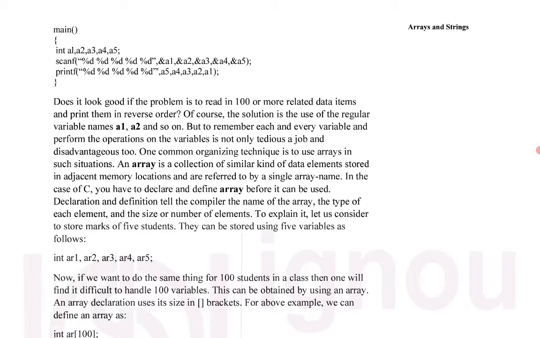First of all, we declare all the variables, integer variables a1 a2 a3 a4 a5. After that we may use two types of functions. First is scanf and second is printf. Scanf is the standard input function, whereas printf is the standard output function.